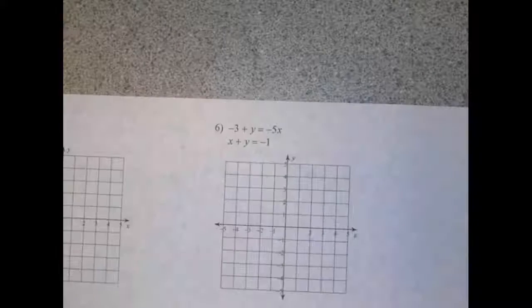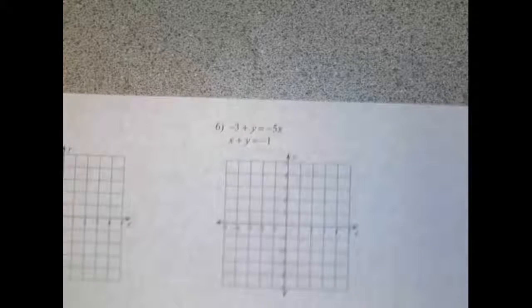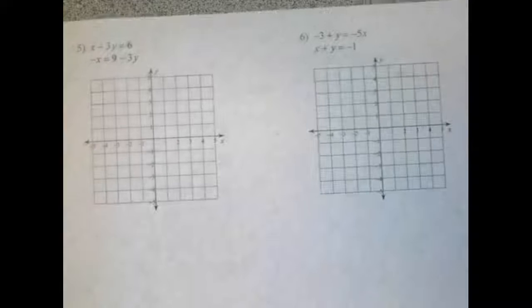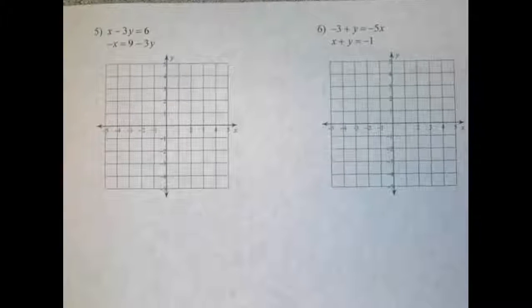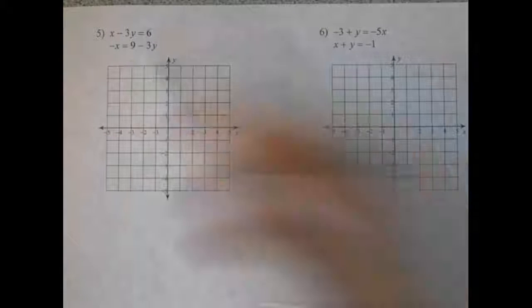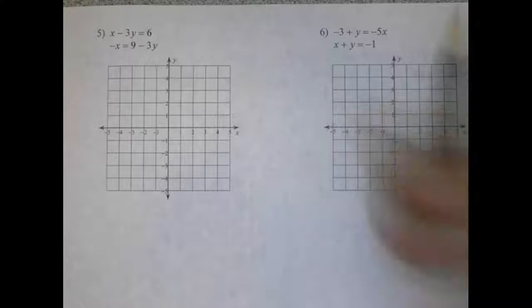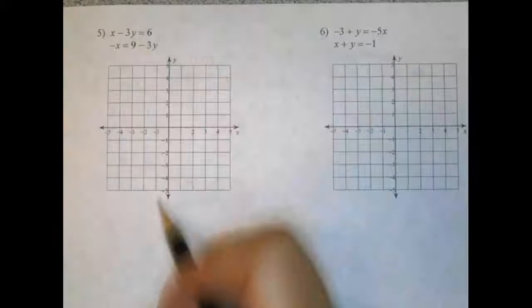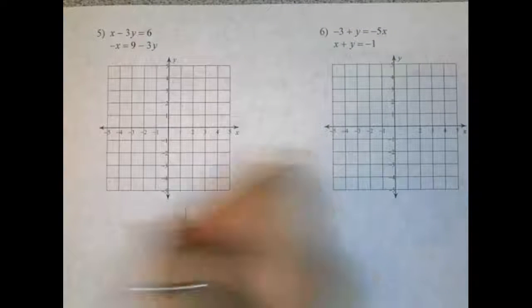So go ahead and flip your paper over. And we're going to look at number 5. So again, this time we can do pretty much anything we want. And for this problem, like I said, I've taught you several ways to graph this, okay? For this one, I'm going to use my intercepts.